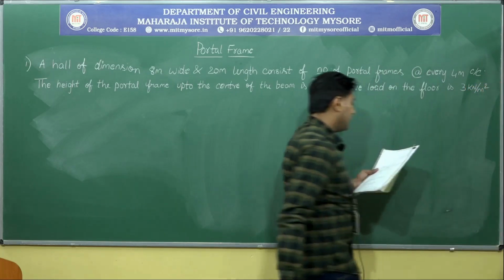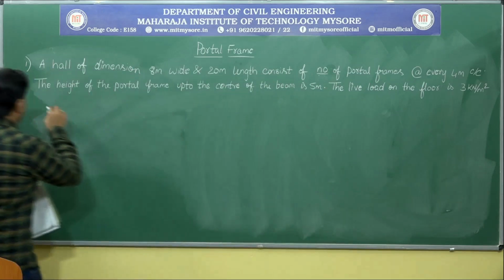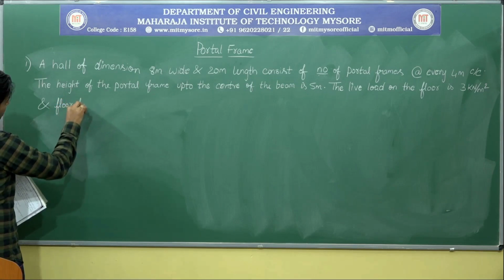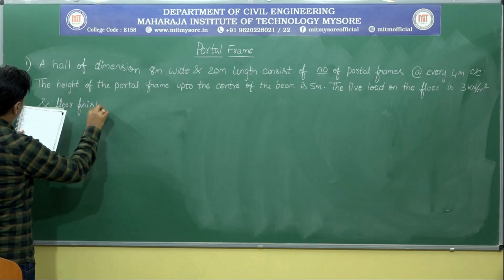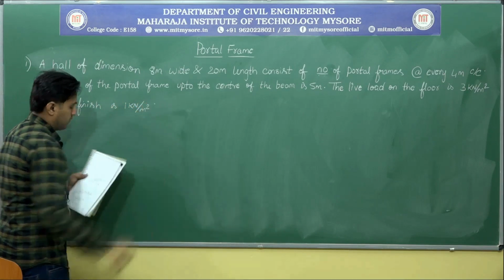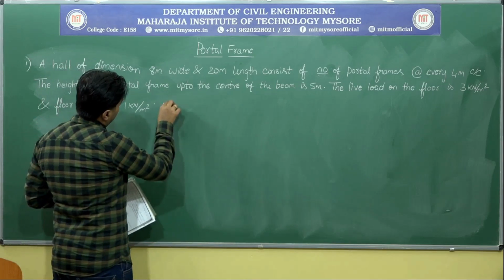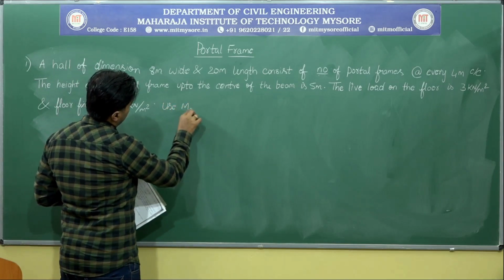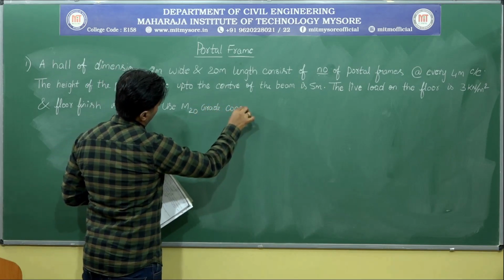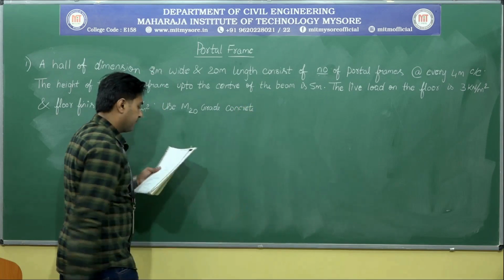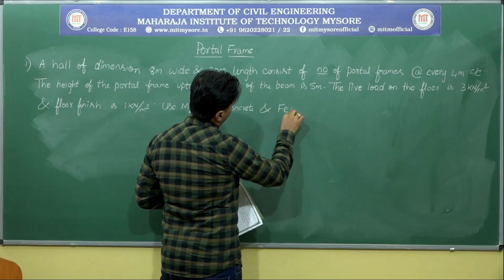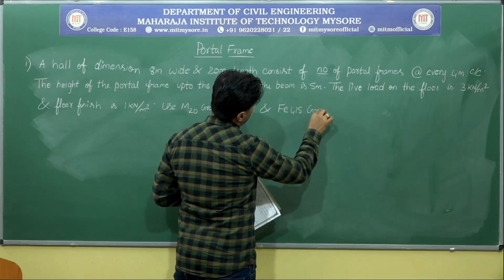3 kilonewton per meter square, and floor finish is 1 kilonewton per meter square. Use M20 grade concrete and Fe415 grade steel.